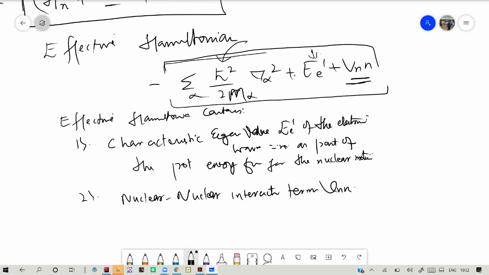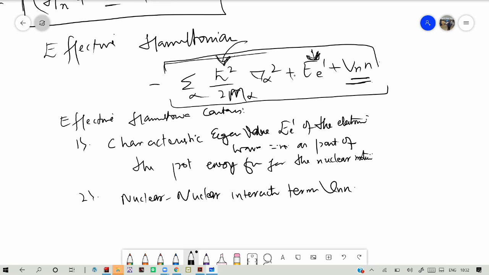This is the combined Hamiltonian. This does not correspond to any particular electron contribution or nuclear contribution. It is a contribution as a whole of the molecule. So we are calculating the Hamiltonian for the whole molecule. That is why it is called effective Hamiltonian. It contains a contribution of both electrons as well as nuclei. This becomes the kinetic energy part of the nuclei. This becomes the potential energy part for the nuclei.